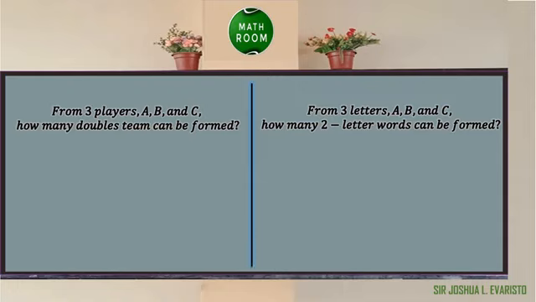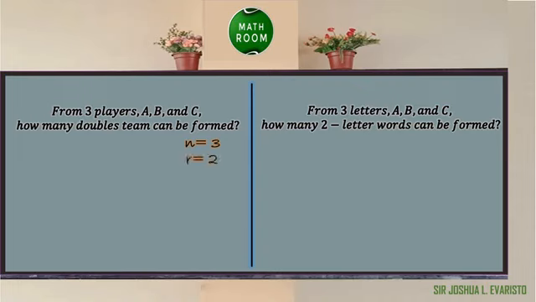Now, let's try to solve the 2 given questions. First, identify the values of n and r in each problem. For number 1, we have a total of 3 players, so n is equal to 3. And we will form a double team, which means we will select 2 players in each team, so r is equal to 2.